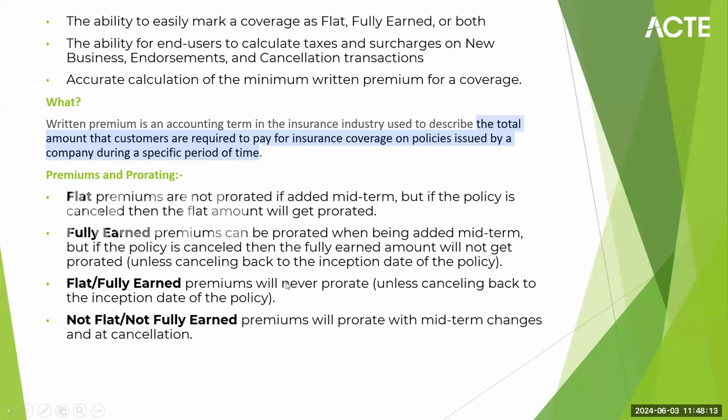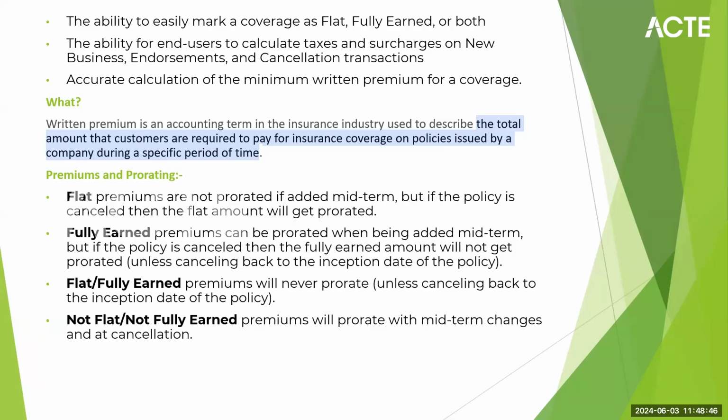Fully earned premium: if the policy is cancelled, then the fully earned premium amount will not get prorated unless cancelling back to the inception date of the policy. Suppose the user has taken the insurance policy today, and now wants to cancel that policy on the same date.